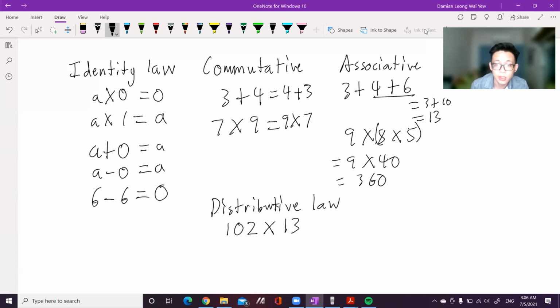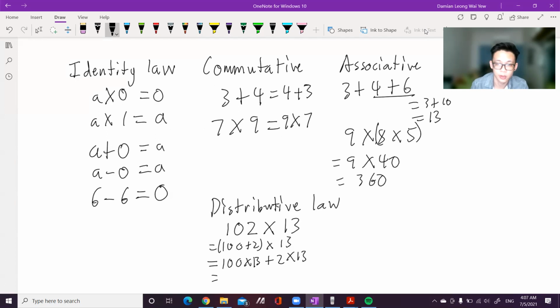So what I can do is 102 is the same as 100 plus 2. So how distributive law works is that when I have something like this, 100 plus 2 bracket and then times 13, I can take the 100 times 13 plus the 2 times 13.